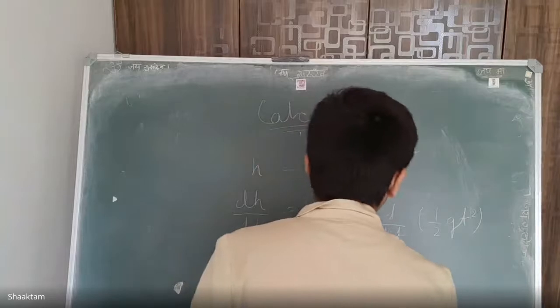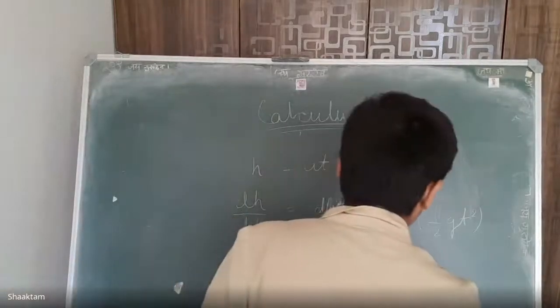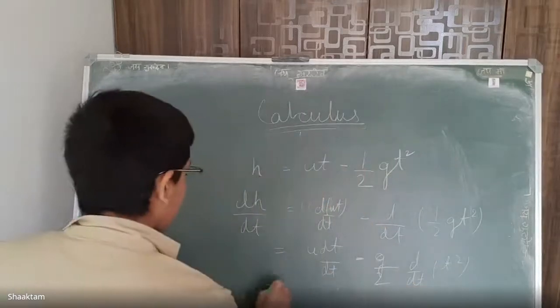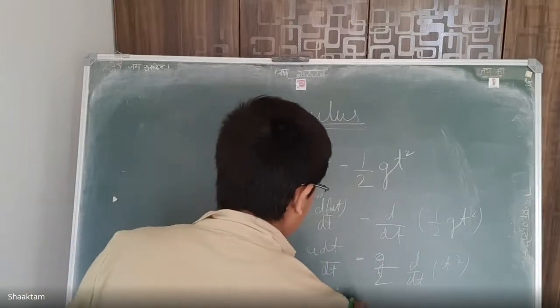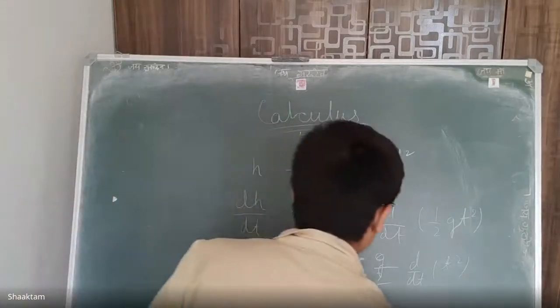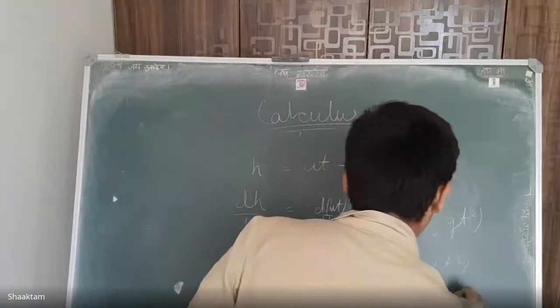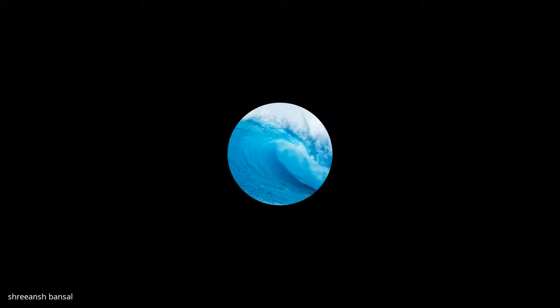So minus of g by 2 into d by dt of t square. dt by dt is 1. So u minus g by 2 into 2t. Fine?